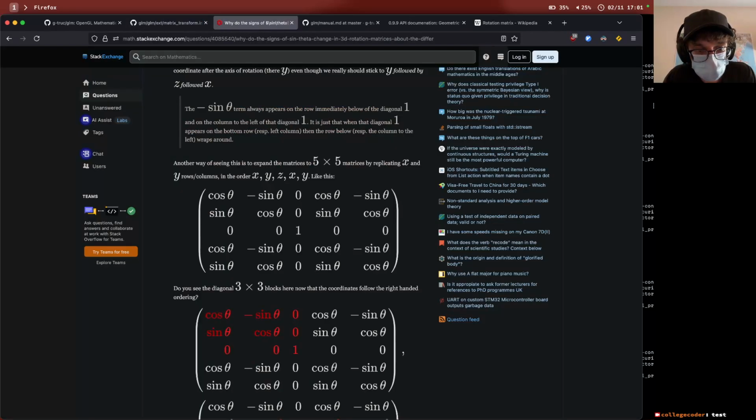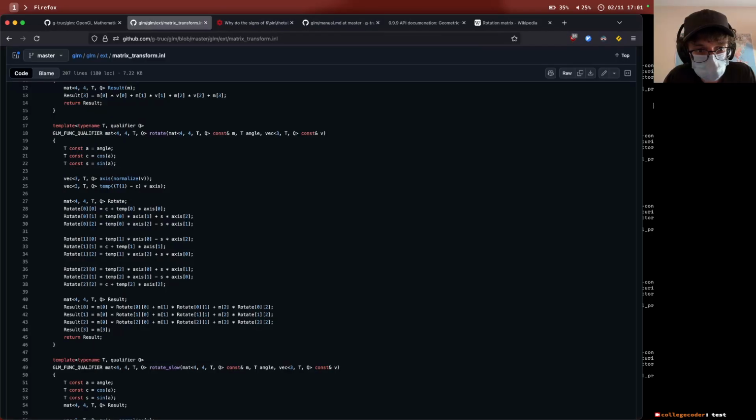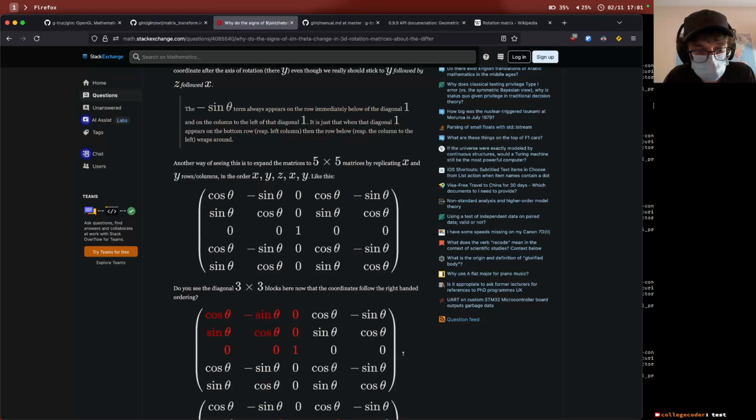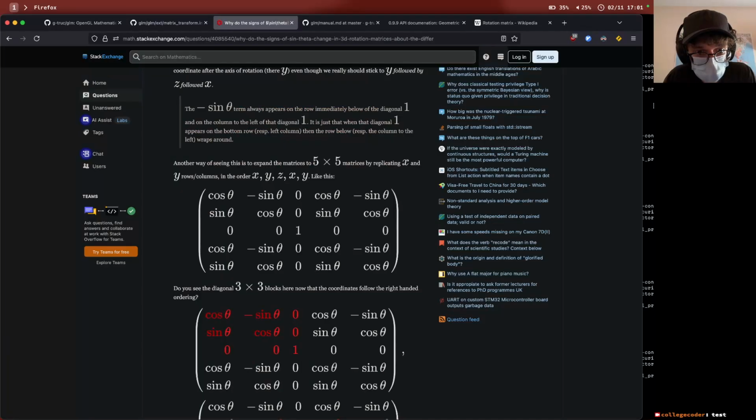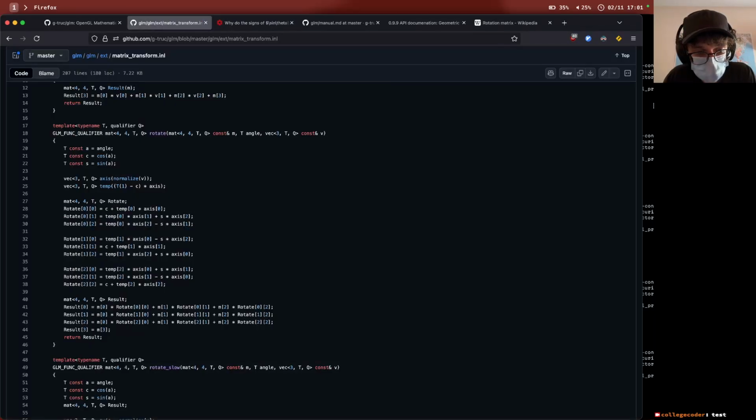So it takes column 1, row 1 is sine of the angle times axis 2. Because it's normalized, it's either 1 or 0.